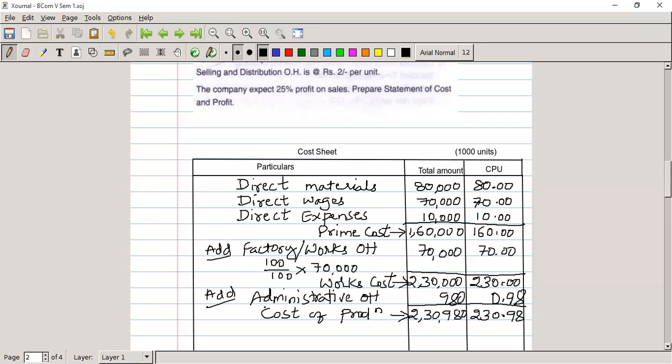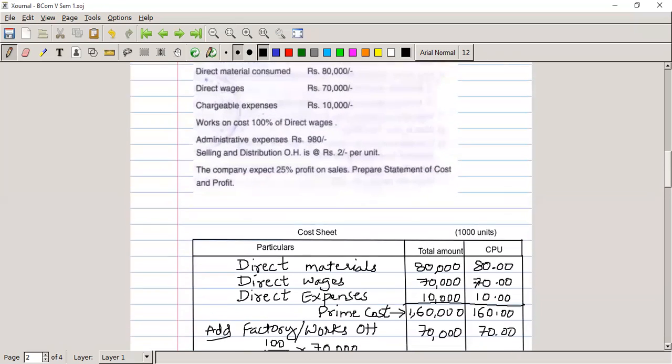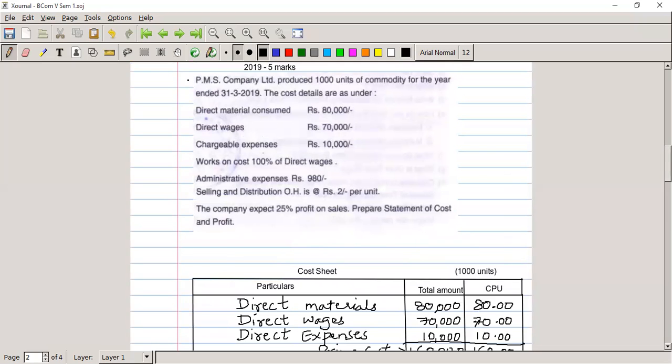And the next is add. Now here you can see in the problem, units produced are 1000 units, and nothing is given about the sales, whether the company sold 1000 units or less than 1000 units.